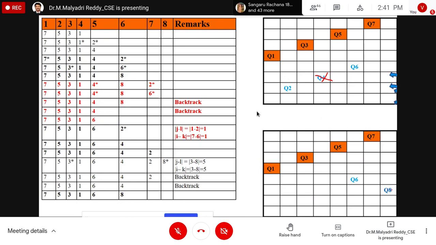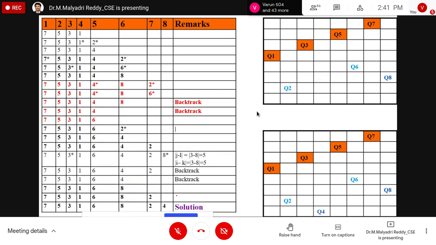So we have to place the Q8 here. Remaining are the 7th and 8th tuples and the columns Q2 and Q4, right? Yes, sir.